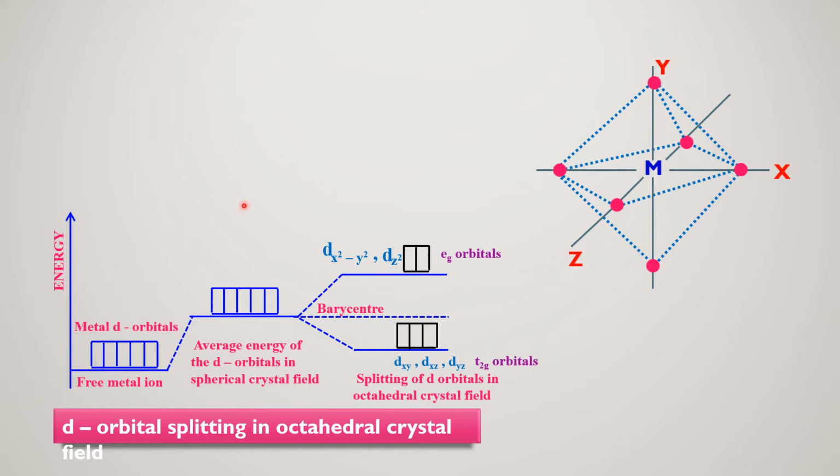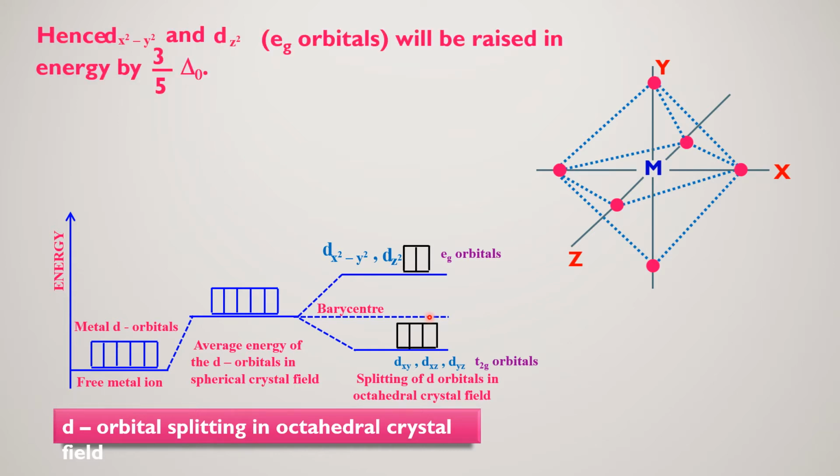So when the ligand approaches the metal, the d orbitals split into different energy levels. dx square minus y square and dz square move to the higher energy level, and dxy, dyz, dxz come to the lower energy level. That is, eg goes to the higher energy level and t2g comes to the lower energy level. This is the crystal field splitting in an octahedral complex.